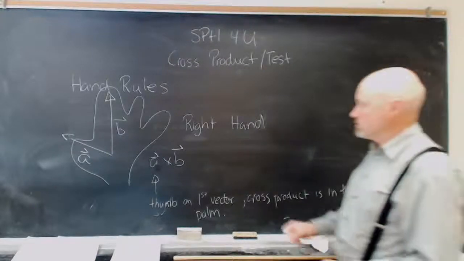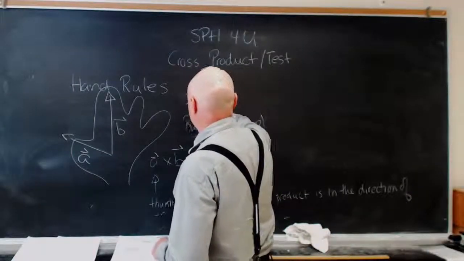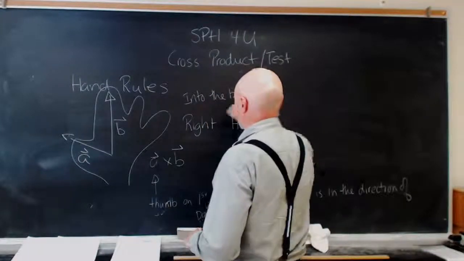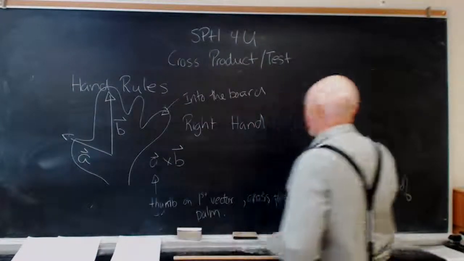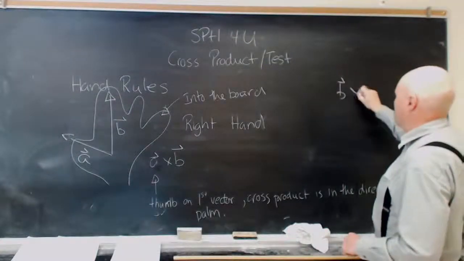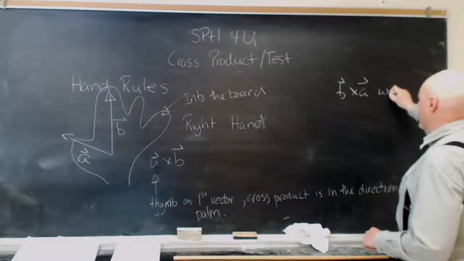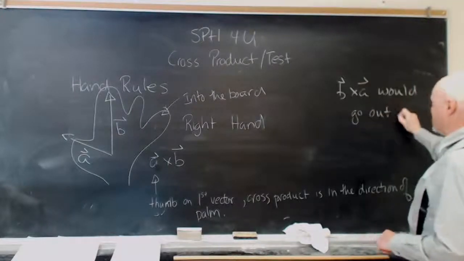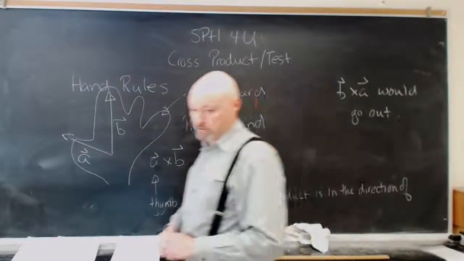So this is going into the board. So B cross A would go out.